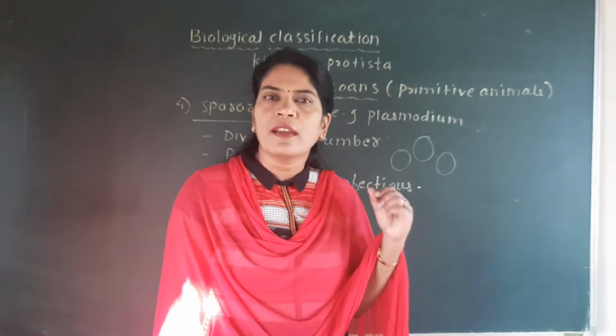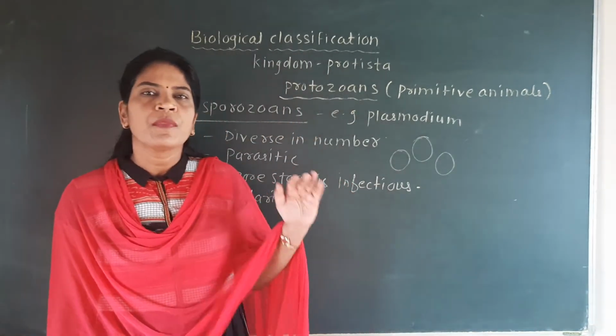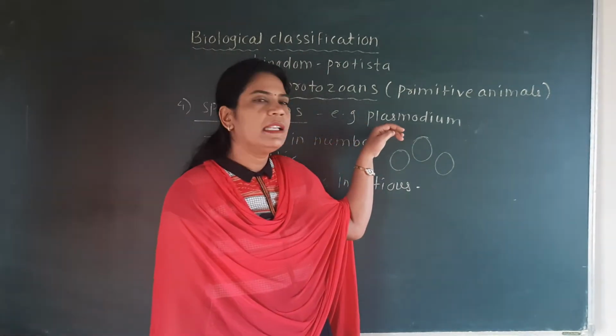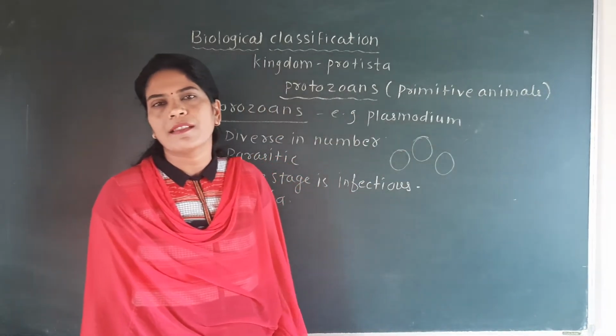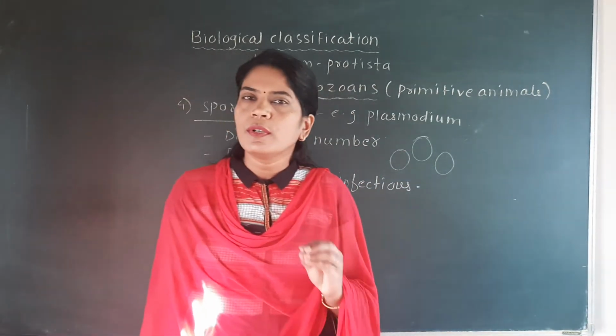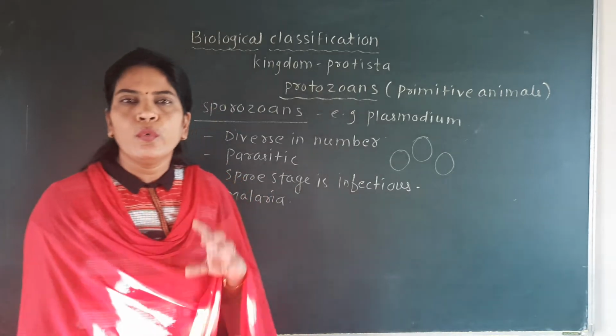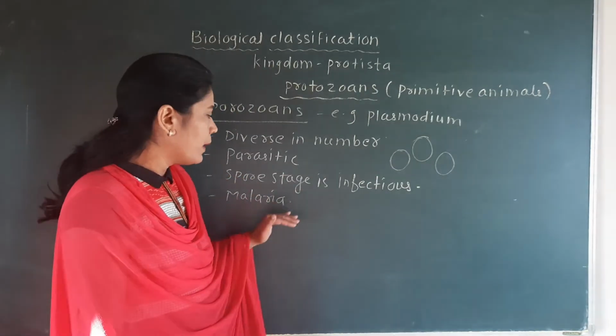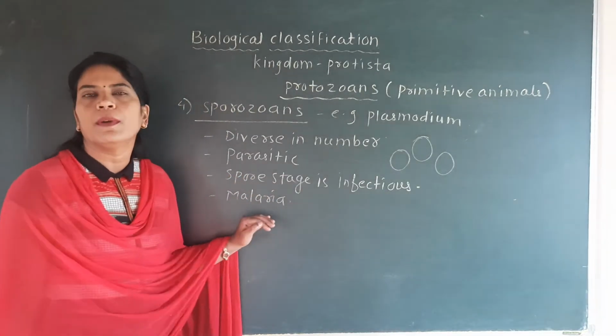Some of the students know that the disease malaria is caused by the organism called plasmodium. So plasmodium is a protozoan which causes the disease malaria in the human being.